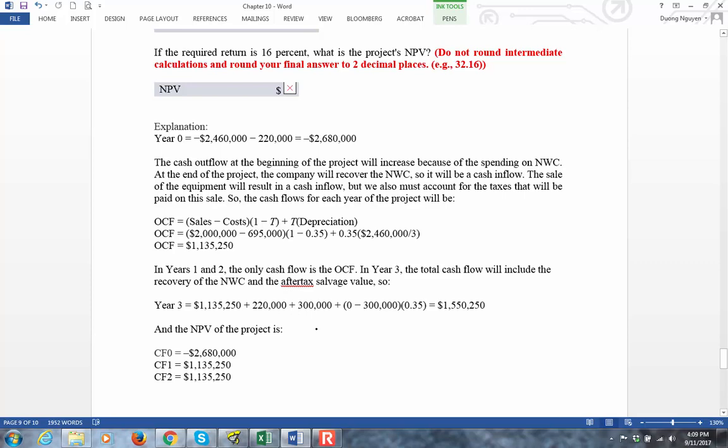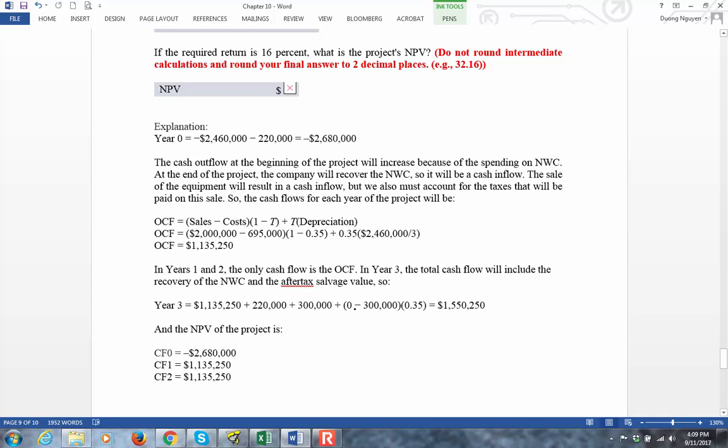Also you have to consider the after-tax salvage value. The asset is sold at the end of year 3 for $300,000, and the book value at that time is 0.